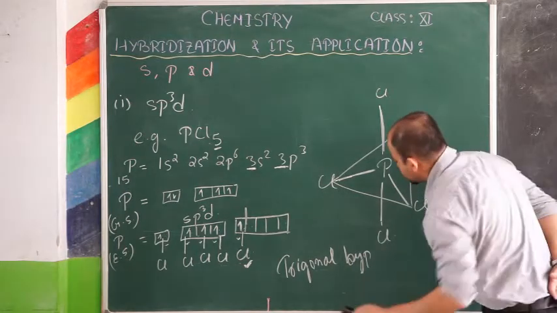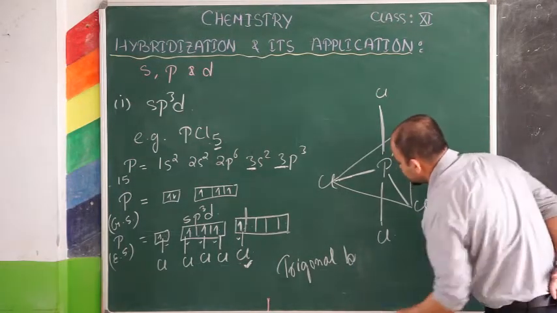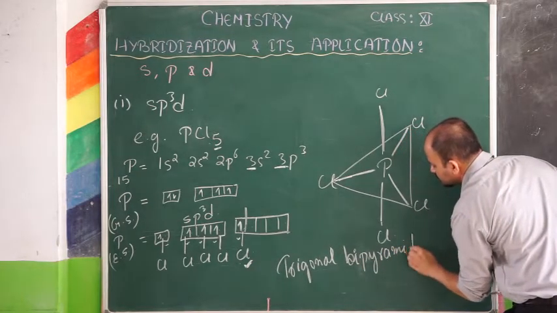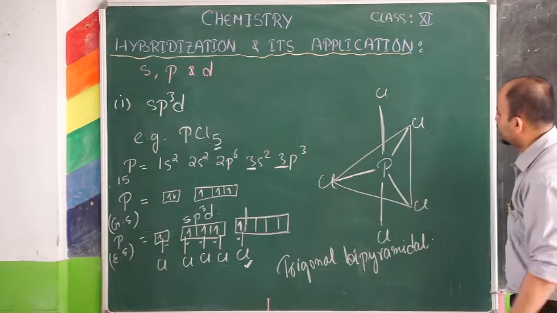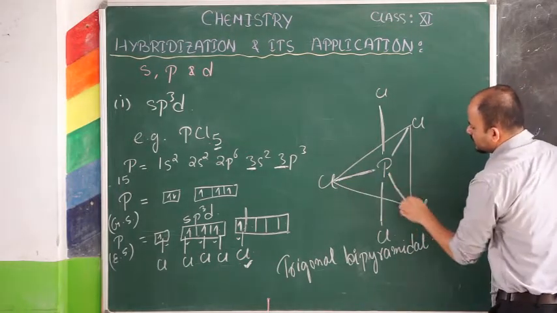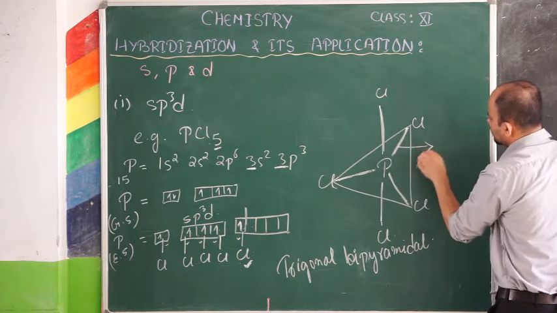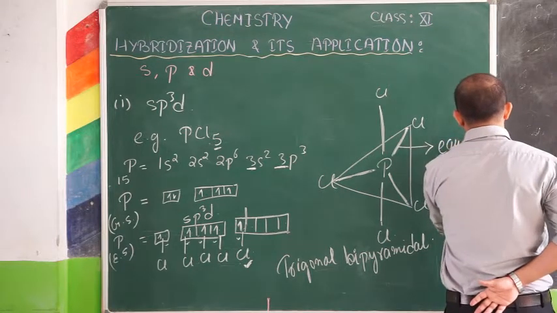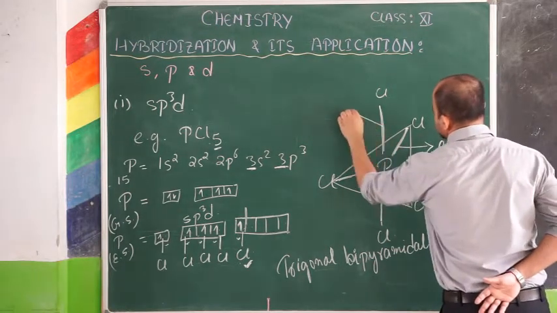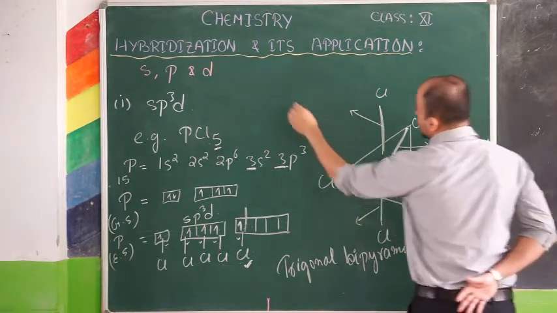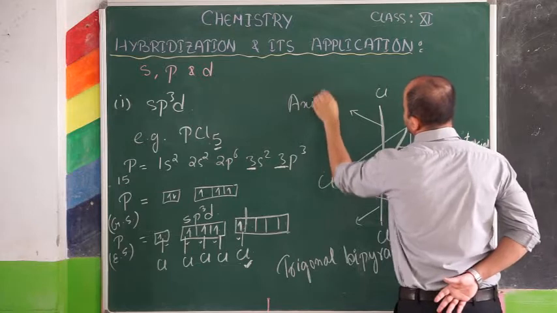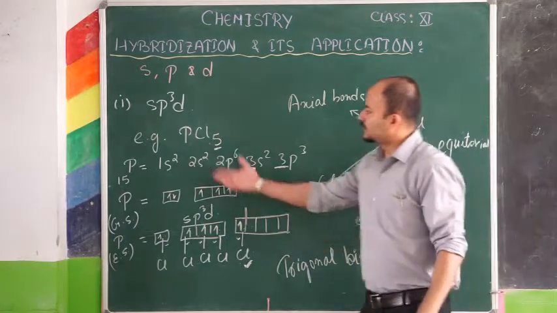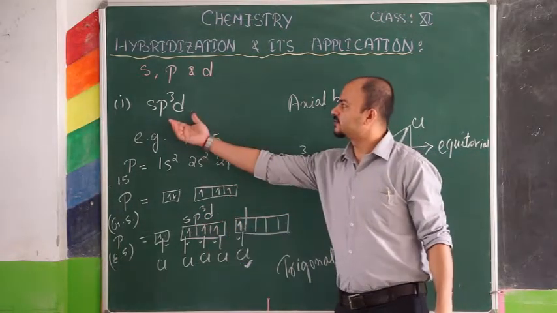These 3 bonds are known as equatorial bonds, and these two bonds which are lying above the plane and below the plane are known as what? Axial bonds. Okay, so this is what you have to know about sp3d hybridization.